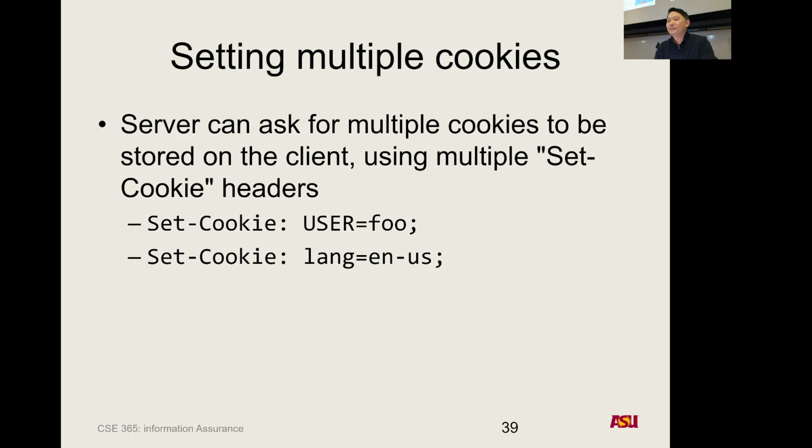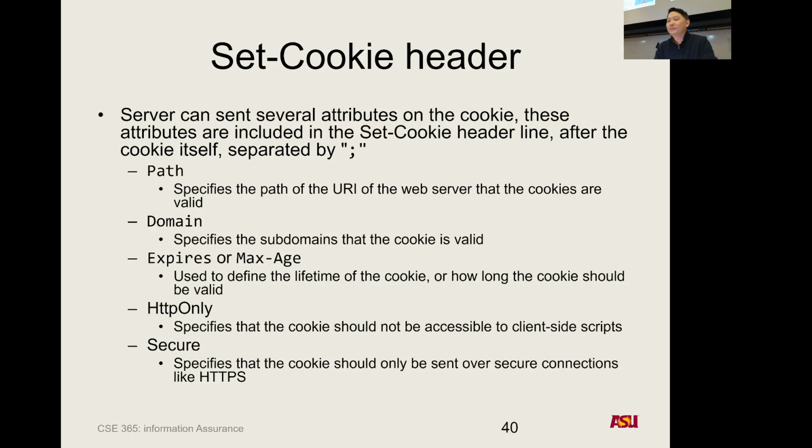They allow setting multiple cookie values. This is the syntax of the Set-Cookie header: path, domain and expires. You saw the expires is -1, right? That is the way to set the cookie.